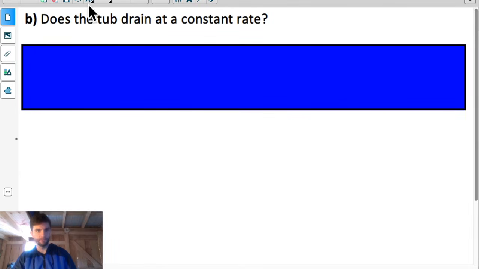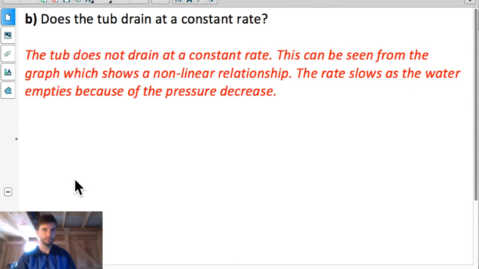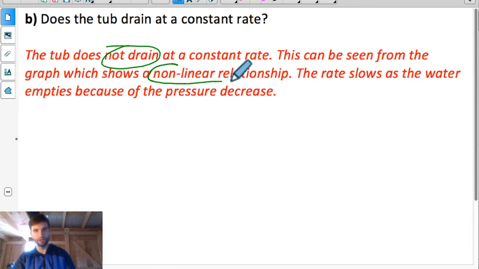So part B just says, does the tub drain at a constant rate? You don't have to write all of this, but the important thing here is the tub does not drain at a constant rate. This is because it's a nonlinear relationship. And then I just have a little physics reasoning at the end as to why that's happening.